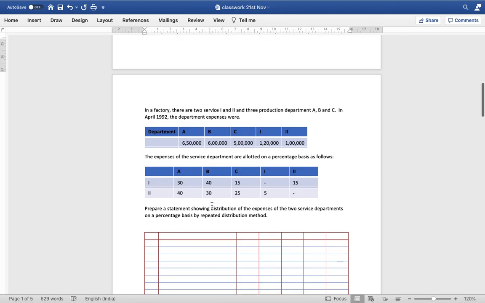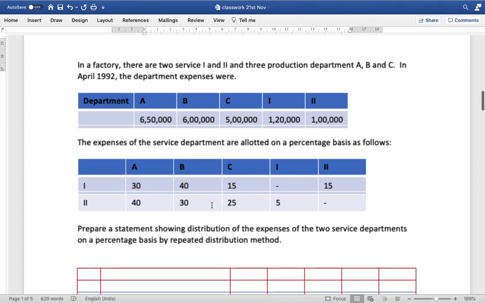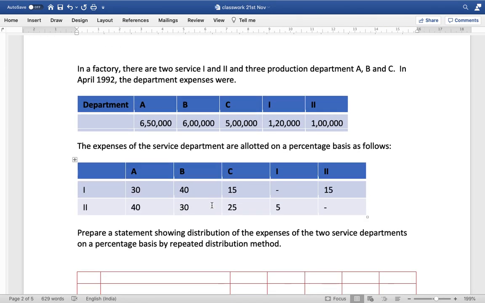Next question. In a factory, there are two service departments, 1 and 2, and 3 production departments A, B, and C. In April 1992, the department expenses were A, B, C, 1 and 2.